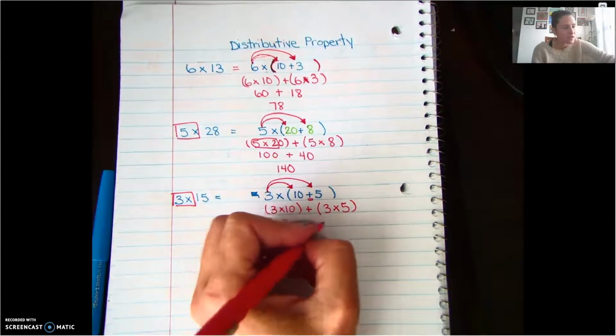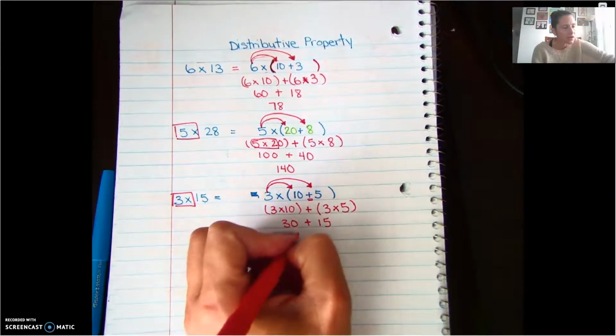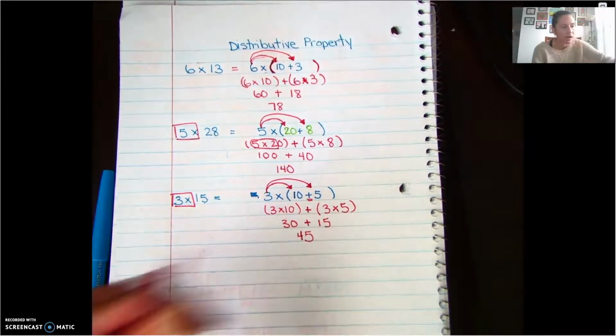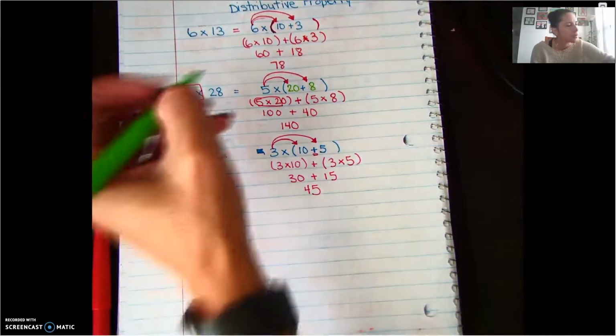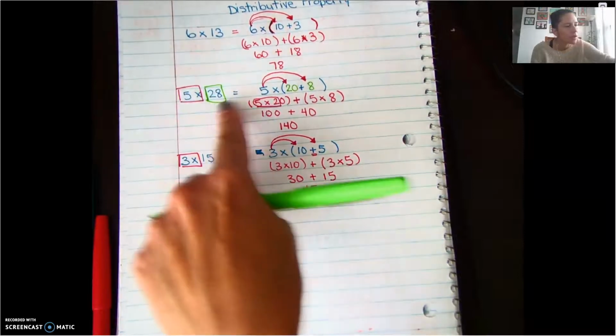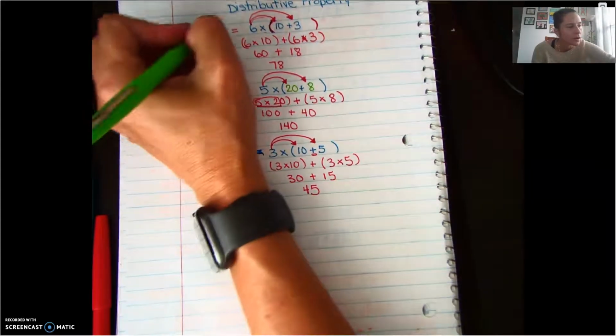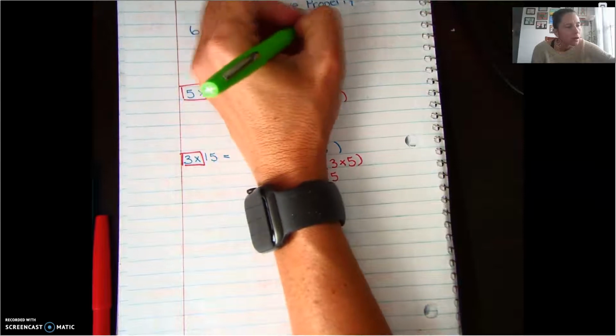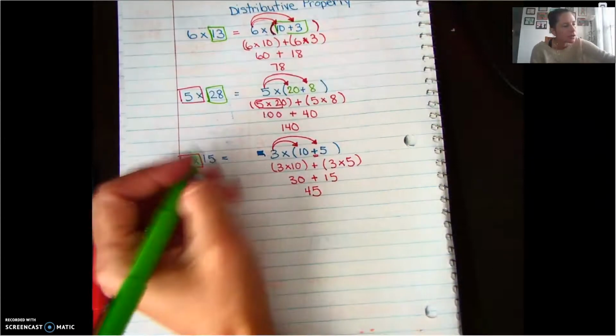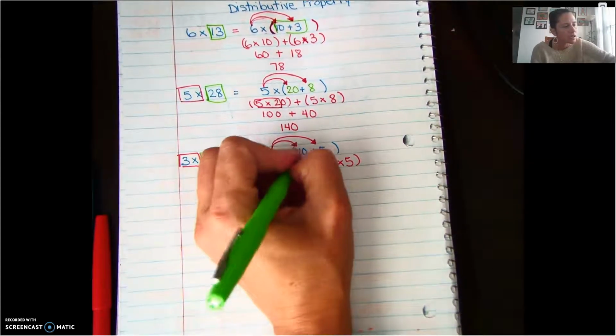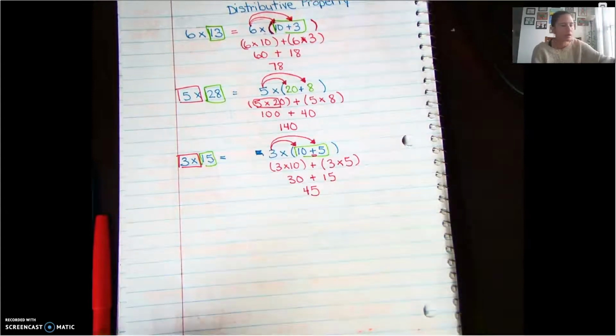Plus 3 times 5 is 15. Add them together, and it's 45. All right, I'm going to go ahead and box this up in green so you know that 28 is right here. That 13 went here, and the 15 goes inside there.